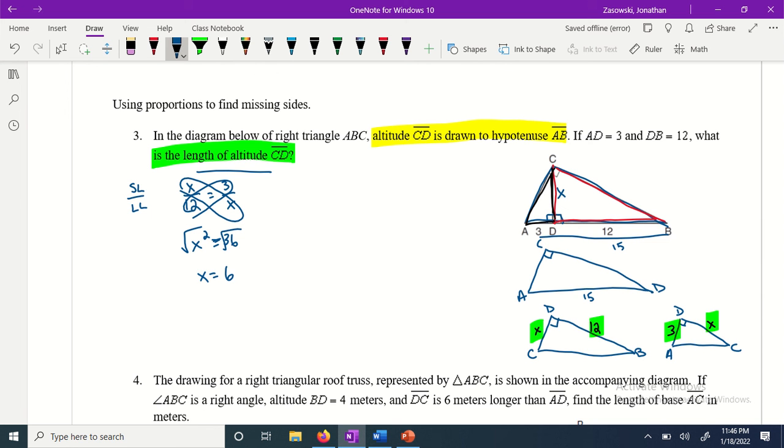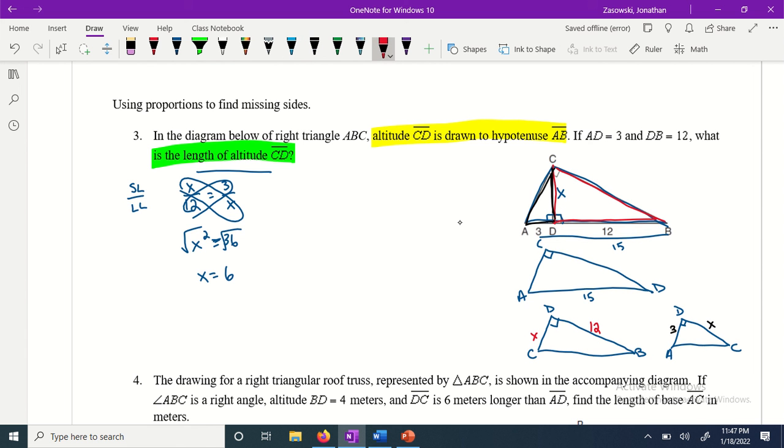That's my answer. Now, what you also might do here is instead of doing short leg to long leg, maybe you'll do something else. Like I'm just going to label this again so we have these labeled correctly. Maybe we'll go from small triangle to big triangle, right? That's what we've kind of done in the past. So what if we do that here?